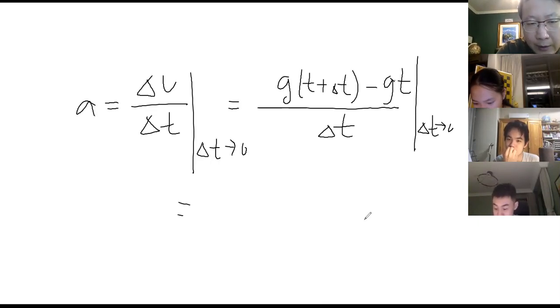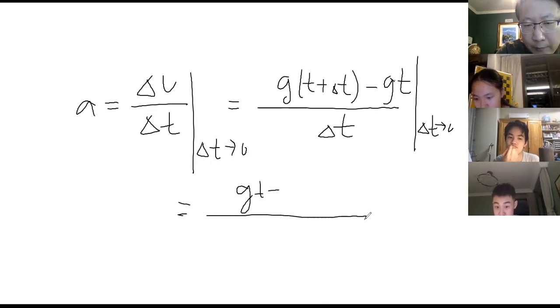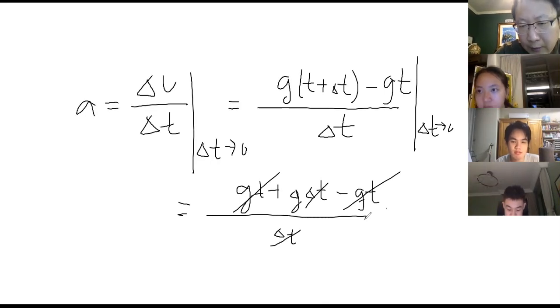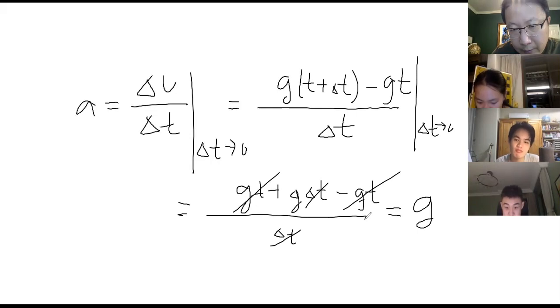In our case, it becomes gt plus g delta t minus gt, divided by delta t. The gt cancels out, delta t cancels out, it is g, nothing else, correct?